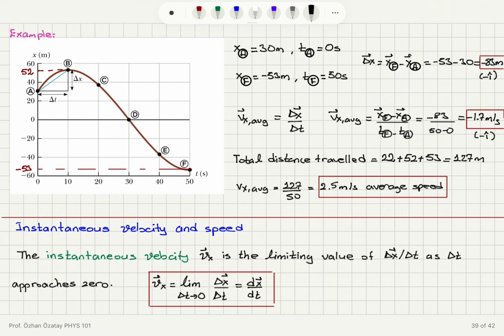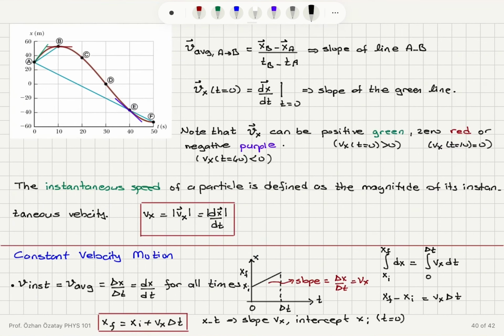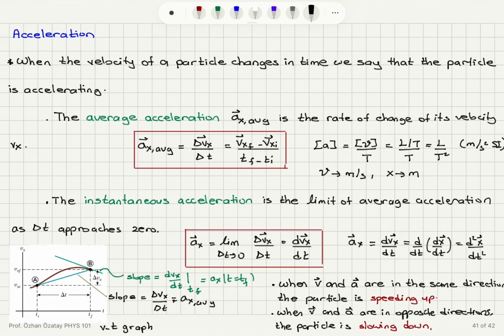And we talked about instantaneous velocity, which is the derivative of the position with respect to time, dx dt. The instantaneous speed is basically the magnitude of the instantaneous velocity. We talked about constant velocity motion, where the velocity versus time curve is just a constant, but the position changes in time in a linear manner, so that x final is x initial plus Vx delta t.